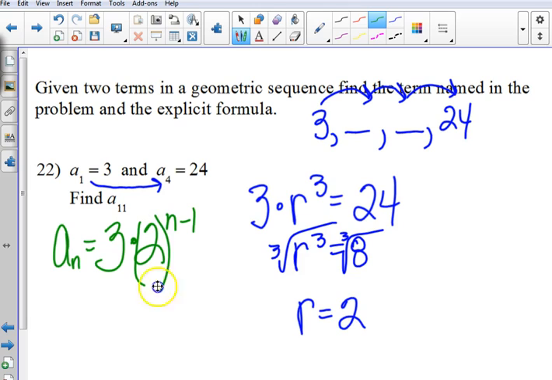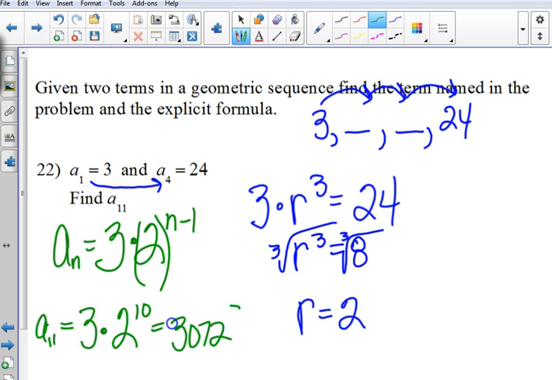And sometimes putting parentheses there helps students realize they can't multiply together. Okay, now we want the 11th term, so it's 3, the first term, times the ratio of 2, 10 times, or 11 minus 1. 2 to the 10th is 1024, times 3 is 3072, is that right?